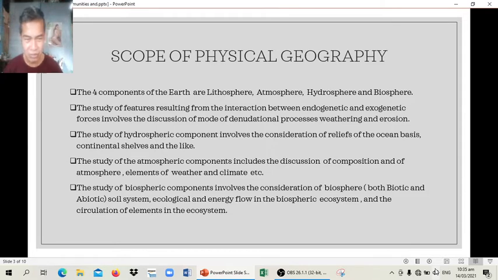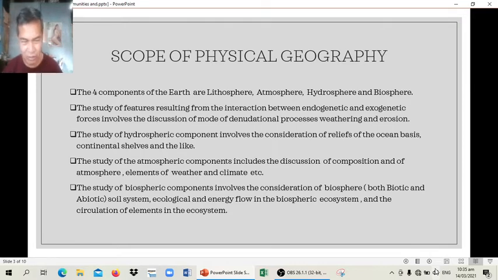The next, of course, is the study of the hydrospheric component, which involves the consideration of reliefs of the ocean bases, continental shelves, and the like. So may kinalaman po yan sa tubig, sa dagat. And of course, sa una ay yung weathering at saka erosion. May kinalaman halos sa hangin yan. Next, at saka yung sa lupa.